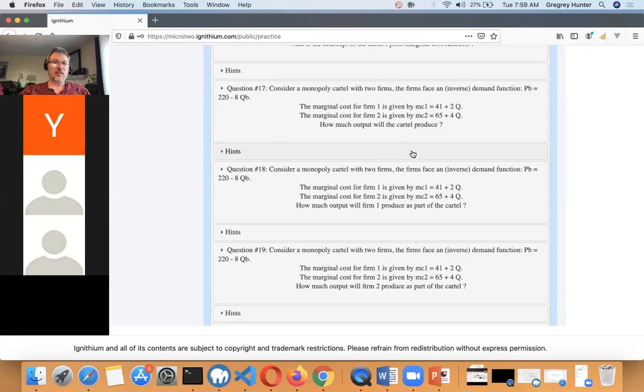So the cartel is going to use that low cost production unit first, and it's going to produce exclusively with that low cost production unit until it produces so much that it runs up its marginal cost to the point where it's equal to the lowest possible marginal cost at producing at its high cost plant, which is at 65, right?